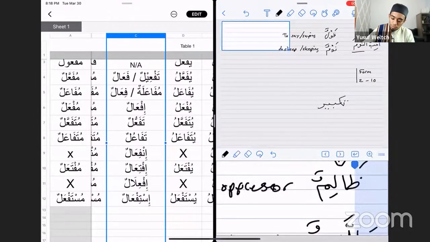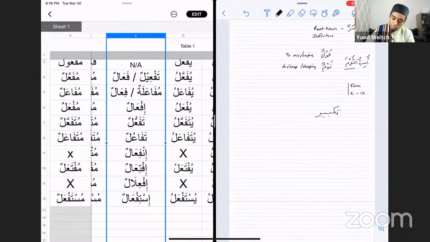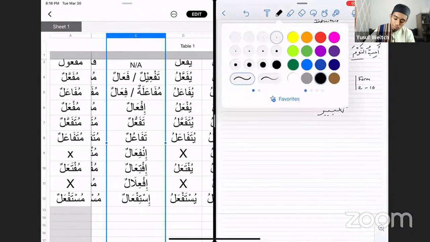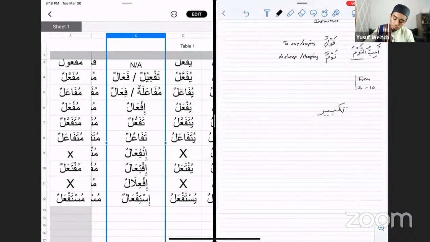So if I said, for instance, a word like takbir, what does takbir mean? Anyone know? Okay, takbir means to say Allahu Akbar.